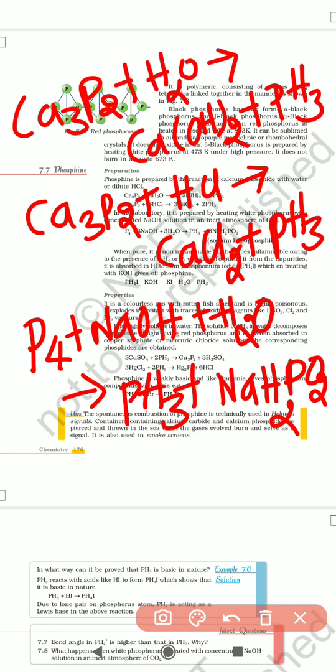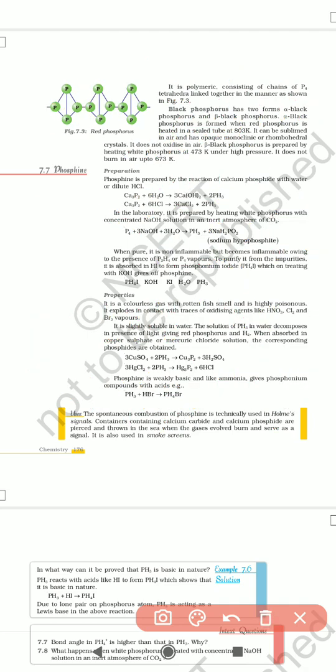So calcium phosphide reacting with water or hydrochloric acid forms phosphine, and calcium hydroxide or calcium chloride is produced. White phosphorus reacting with sodium hydroxide and water produces phosphine plus sodium hypophosphite. Next, phosphonium iodide reacts with potassium hydroxide to give potassium iodide, water and phosphine.